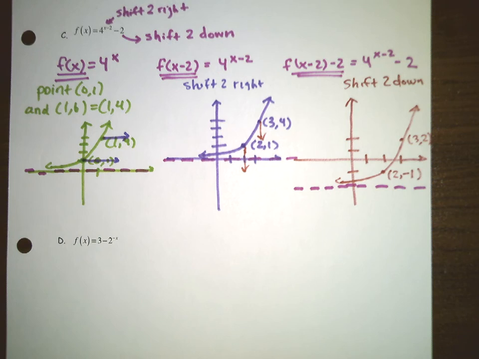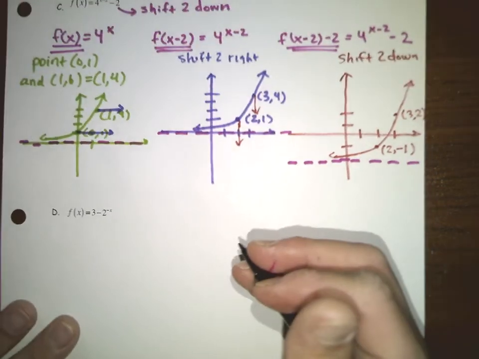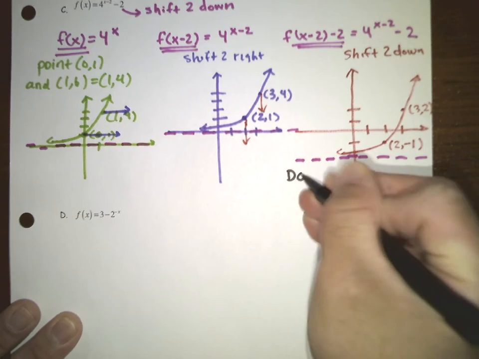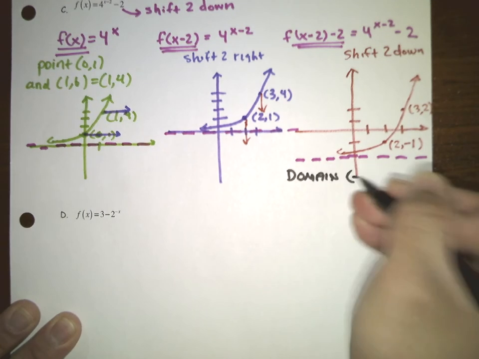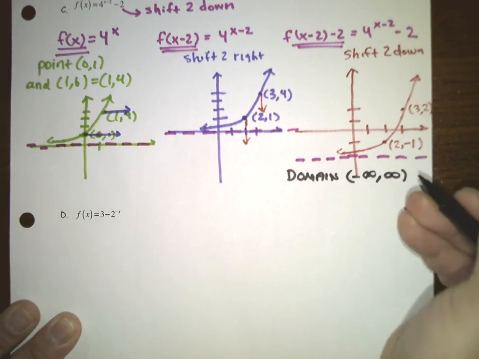So then I can go ahead and write out what the domain and the range and everything like that is for this final graph here. So the domain is still all real numbers, -infinity to infinity.